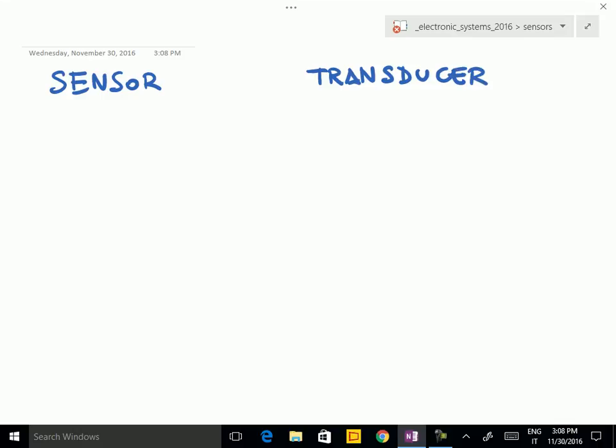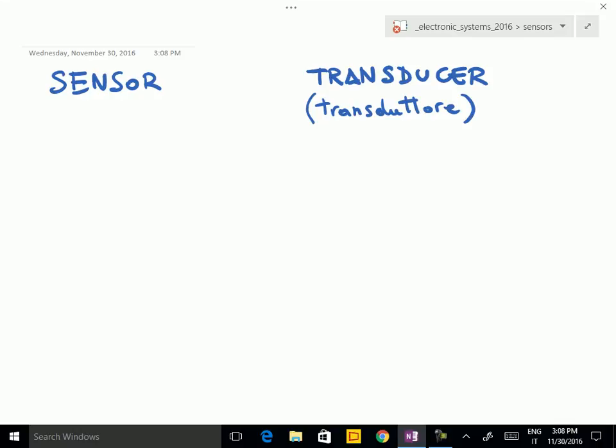Since most of us are Italian, of course the Italian translation for these two words is sensore for sensor and trasduttore for transducer. Let me write this one because it's not obvious. I don't know if all of you have already heard this word. Okay, what is a transducer?